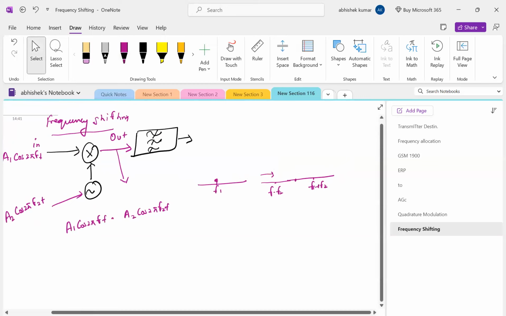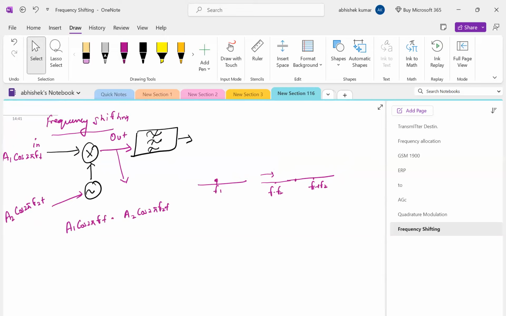For shifting a frequency, if we multiply two signals having different frequencies F1 and F2, the frequency gets shifted by the other component.